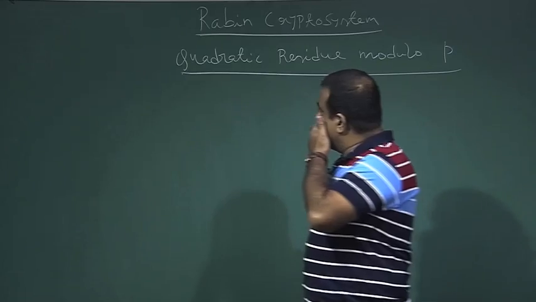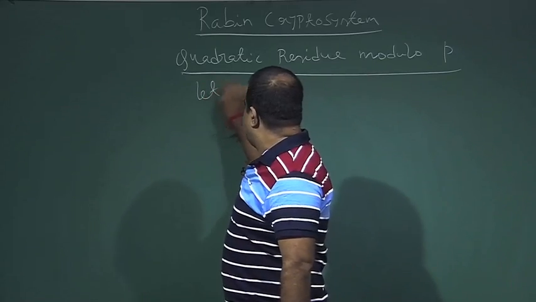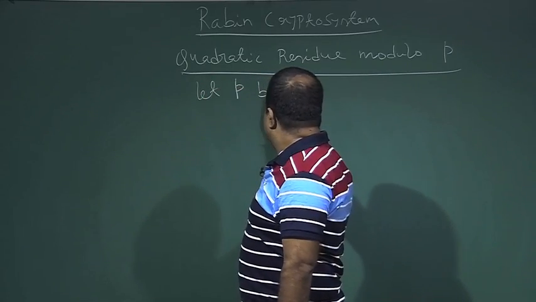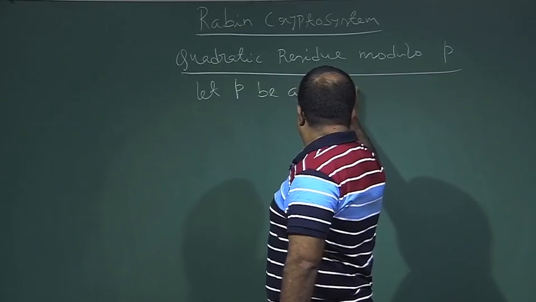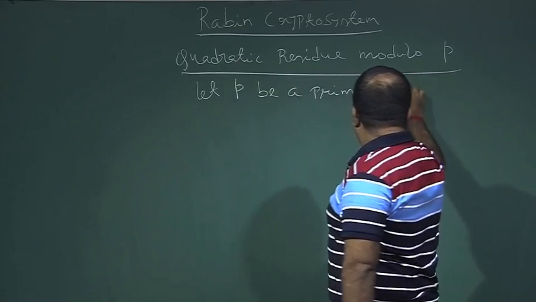We know that p is a prime, typically an odd prime, and a is an integer.